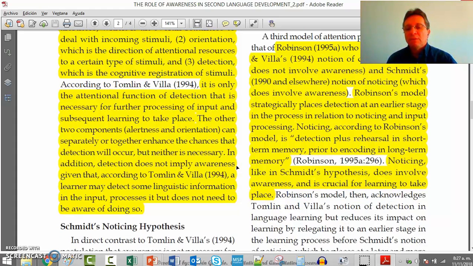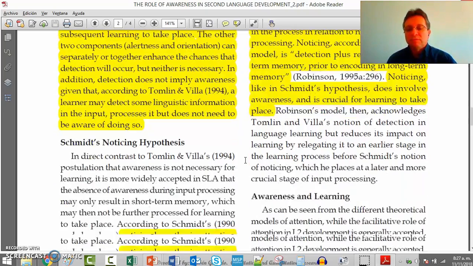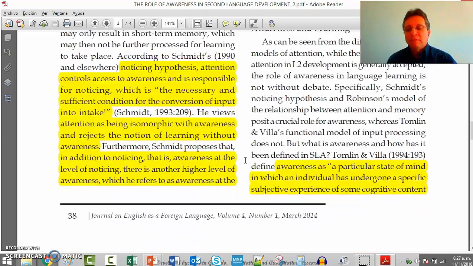Noticing, according to Robinson, is detection plus rehearsal in short-term memory, prior to encoding in long-term memory. Noticing, like in Schmidt's hypothesis, does involve awareness and is crucial for learning to take place. Pay attention that again here the independent variable is attention, and they are talking about alertness and detection as the dependent variables, the variables that depend on attention.